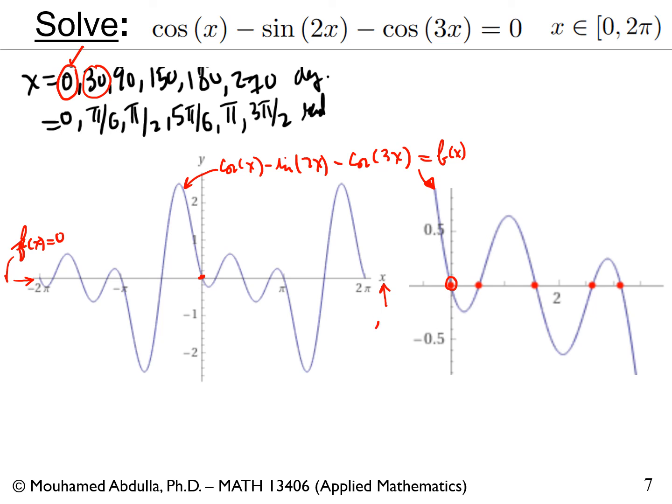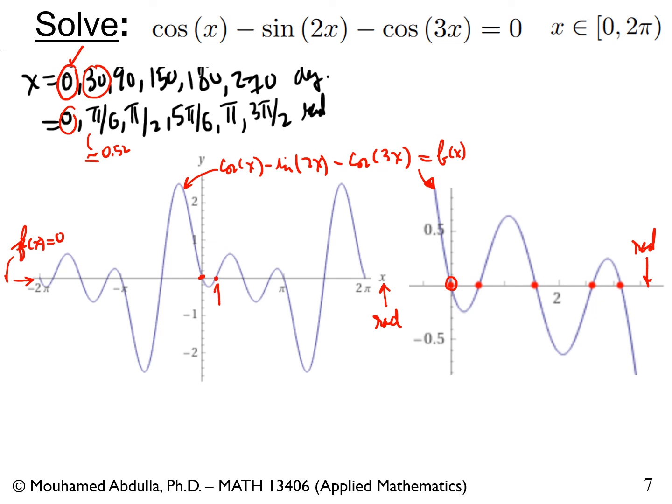So let's look at it in radians. This is in rad, same thing here. I just kind of zoomed it in. So 30 degrees is pi over 6. Pi over 6 is roughly 0.52. So 0.52 is here.